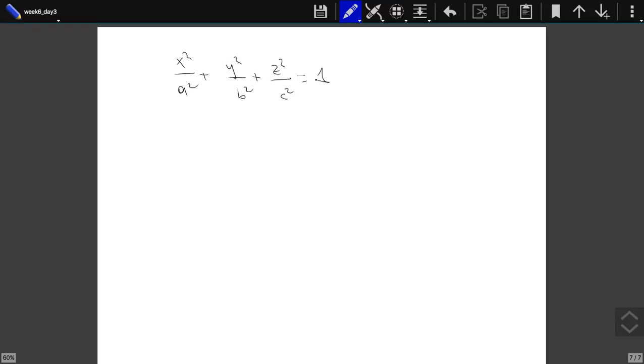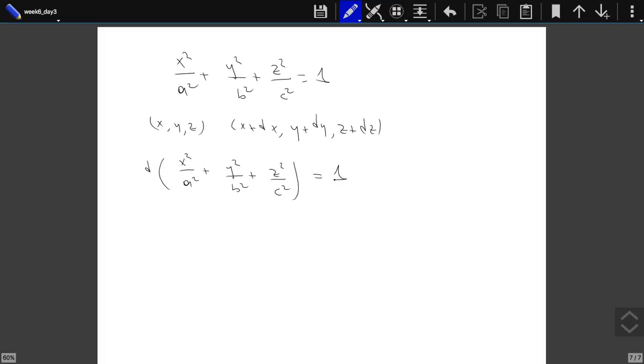Let me just consider two nearby points, x, y, z, and x plus dx, y plus dy, and z plus dz. They are both on our surface. So what is the change of x squared over a squared plus y squared over b squared plus z squared over c squared as you go from one point to the other one? How much does this combination change? On the surface this is just 1, so it doesn't change.